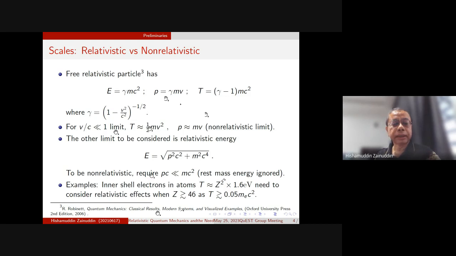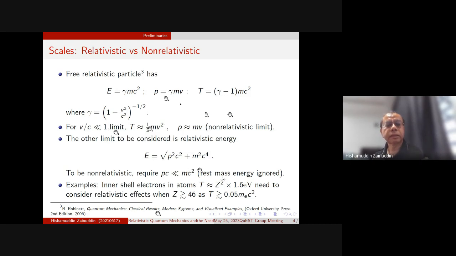So the limit over here is given by this part of the relativistic energy: p squared c squared should be very much less than m squared c to the fourth, which is essentially the contribution from the rest mass energy. So in other words, when you consider the non-relativistic case, you usually ignore your rest mass energy.